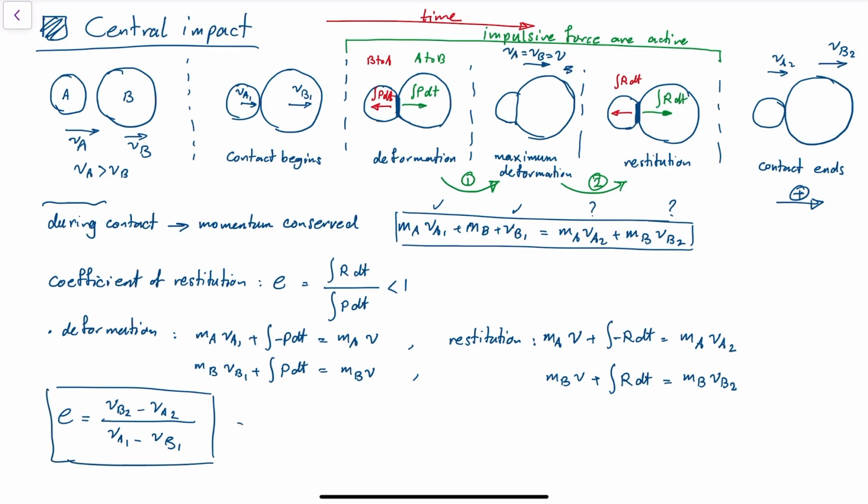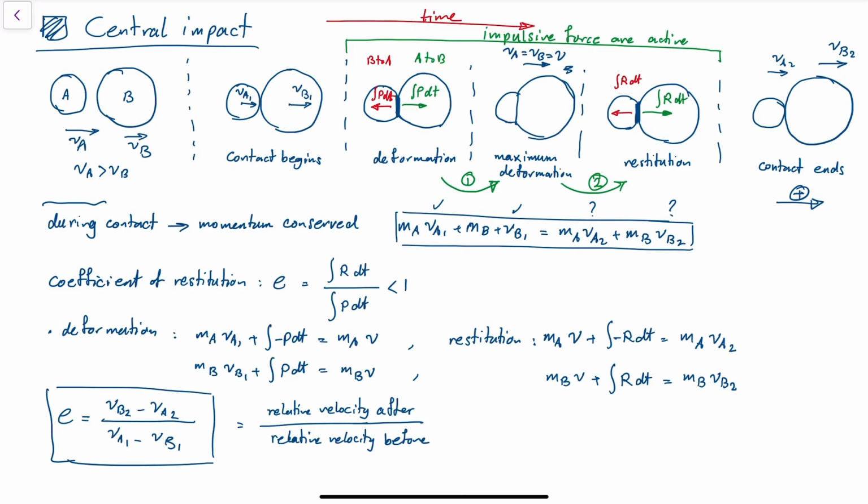So what e really is: relative velocity after impact divided by relative velocity before. If you know experimentally what e is, the coefficient of restitution, the problem has to give it to you.